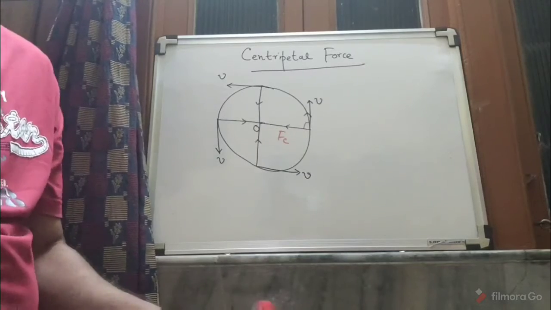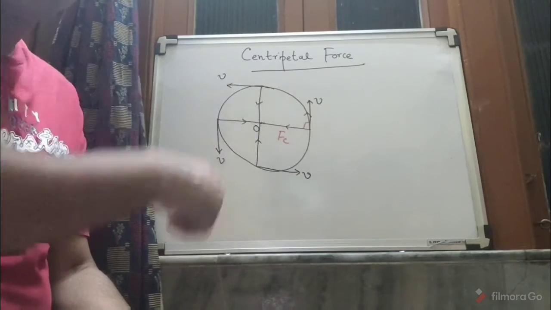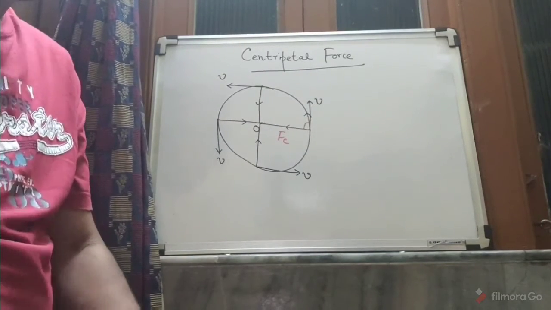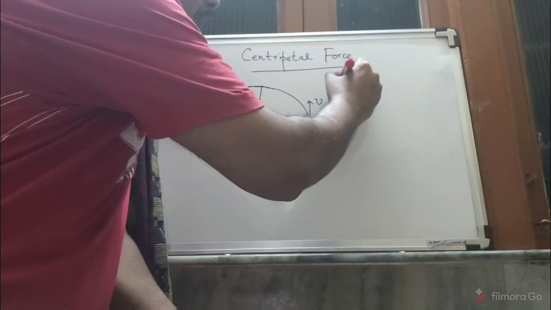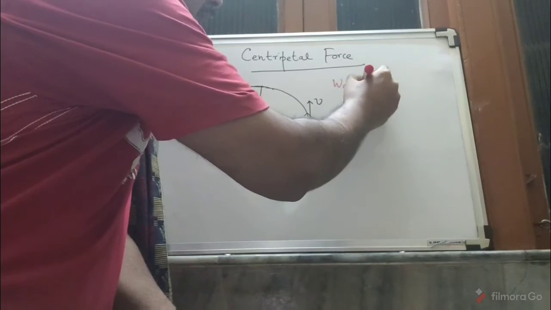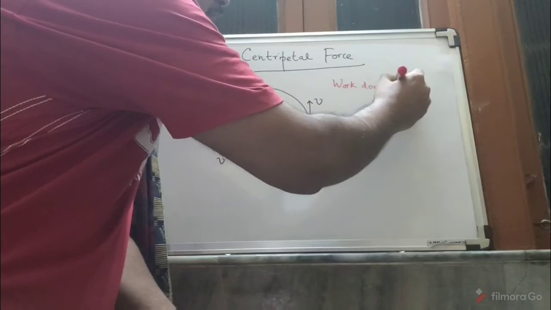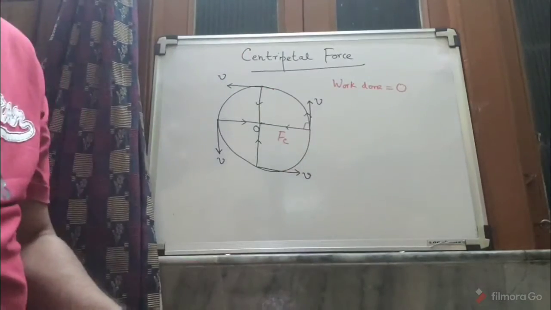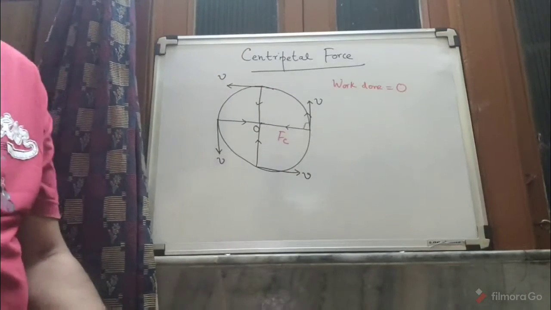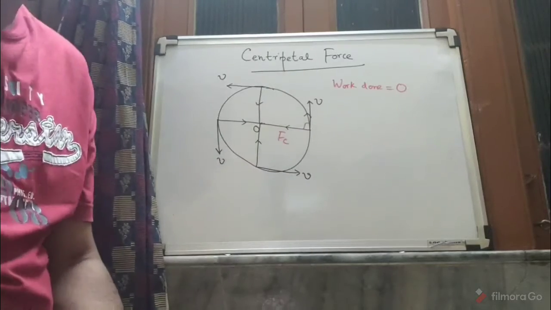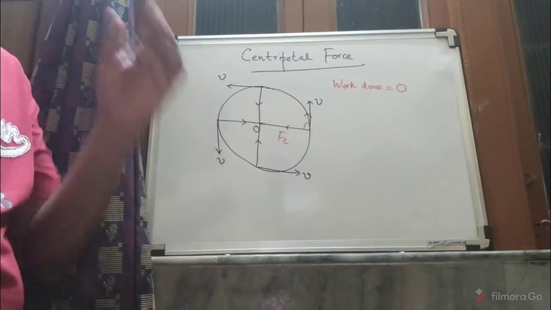That's why when a particle moves in a circular path, the amount of work done is equal to 0, as the centripetal force and the velocity are perpendicular to each other.